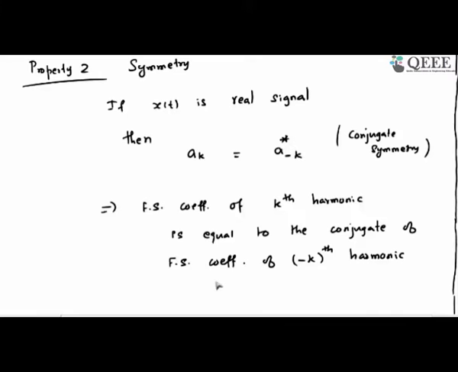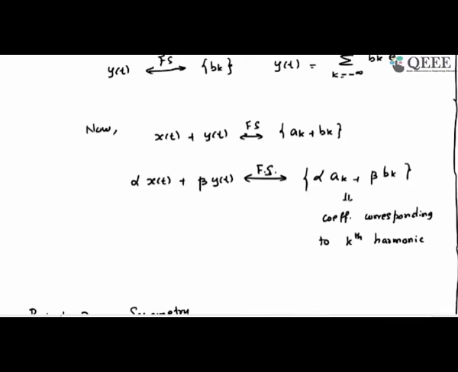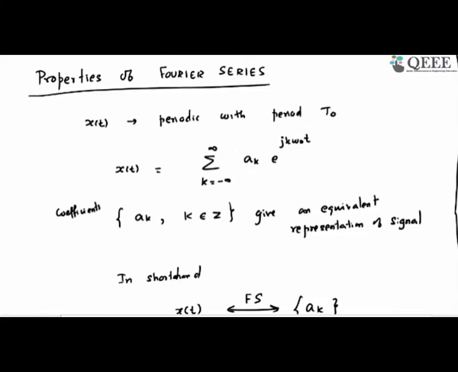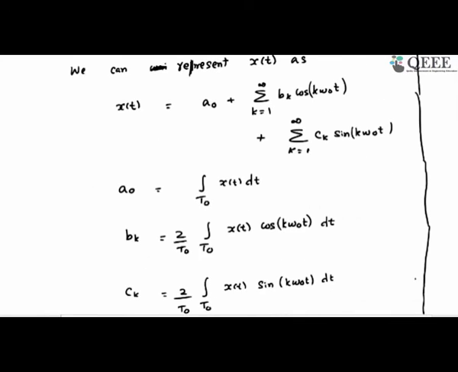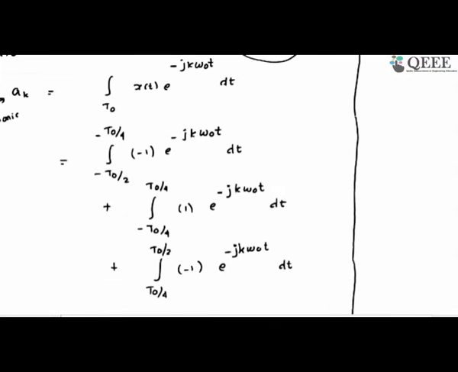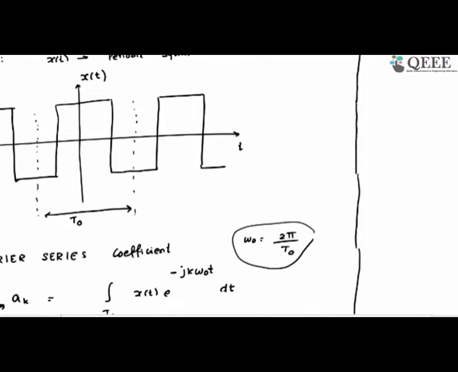If x of t is not a real signal, if it is a complex signal, then there need not be any symmetry properties. But if x of t is a real signal, then the Fourier series coefficient of the kth harmonic is equal to the conjugate of the coefficient of the negative kth harmonic. For instance, in the square wave example we found Fourier series coefficients.